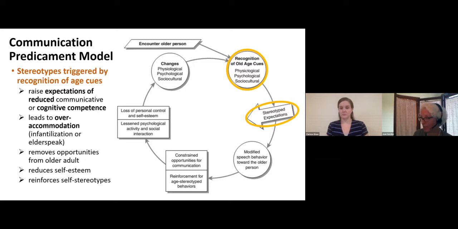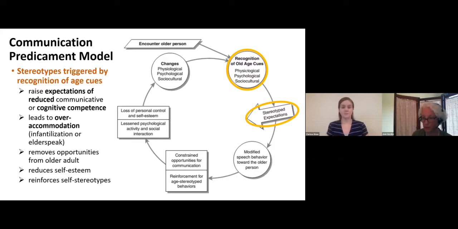So these age-related cues are fairly obvious and immediately evident, and those can trigger expectations based on age-related stereotypes of broader cognitive and communicative deficits.